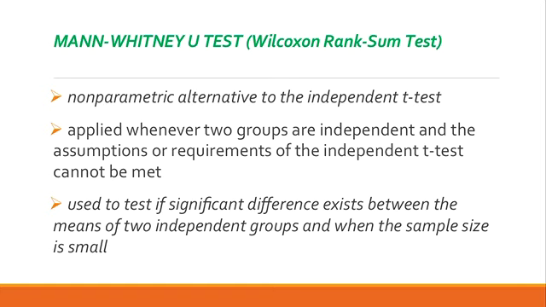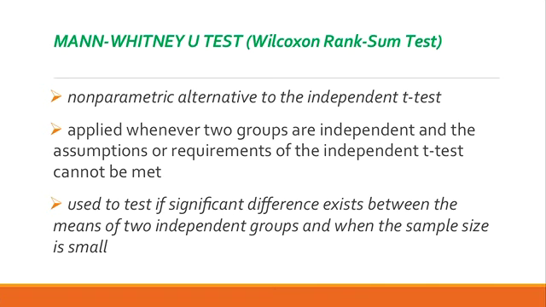This is the counterpart of the independent t-test, and that is why there is also an assumption that the data will be independent as well, even though the test of normality is not satisfied.